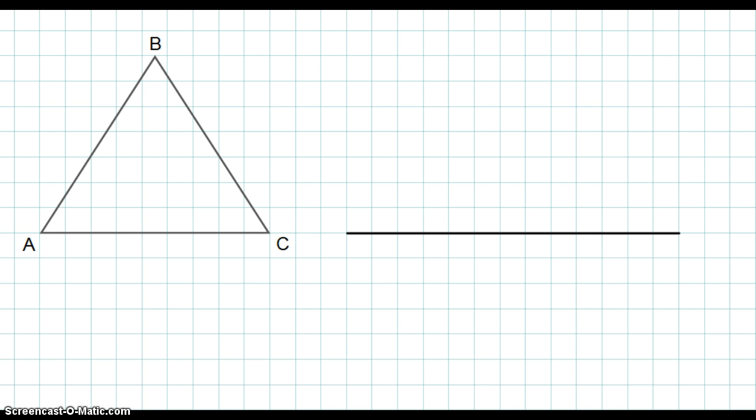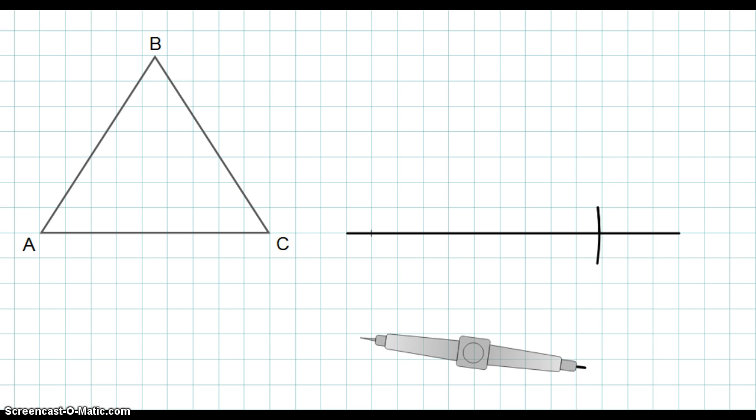So I'm going to get out my compass, and I am going to find out the length of AC using my compass. So that is the length of line AC. And I'm going to mark that on the line I drew here. Like that.